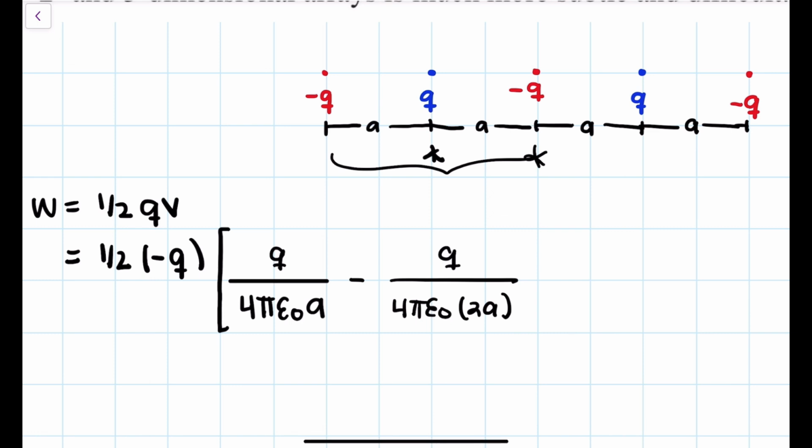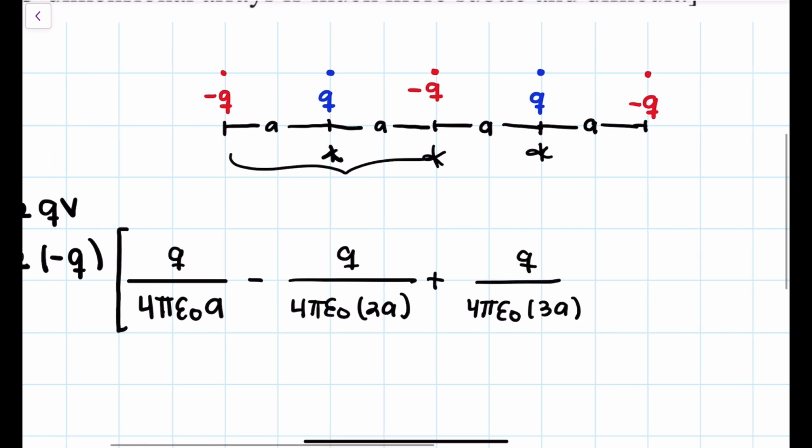And we repeat the same thinking for the second positive charge. And this time it's 3 a's away. And lastly, kind of, because this keeps going, but in our example, we would basically have negative Q over 4 pi epsilon naught, and the distance is 4a.